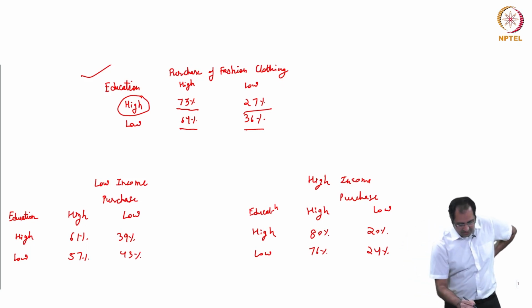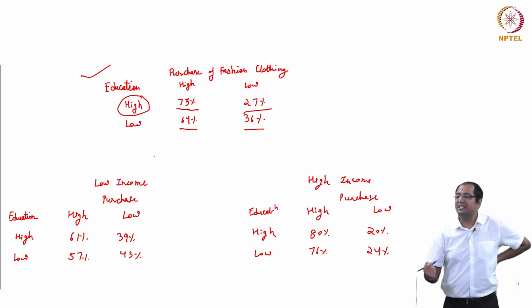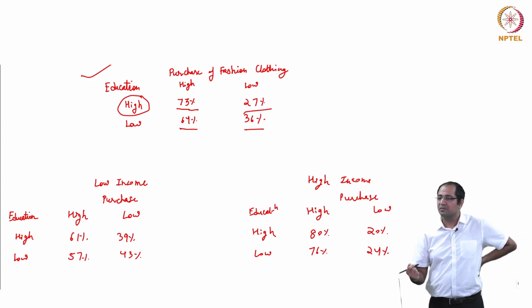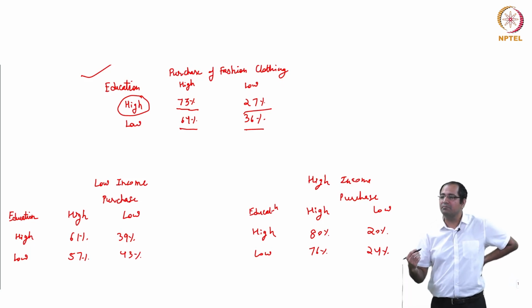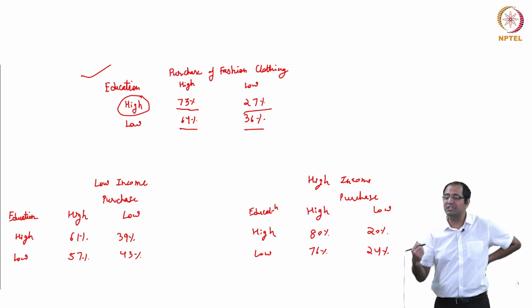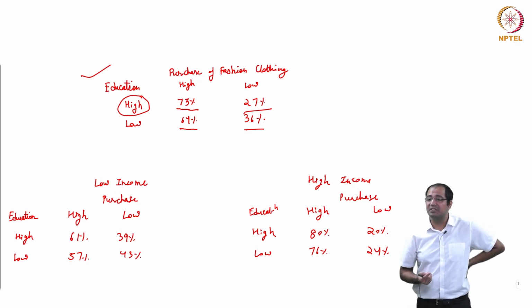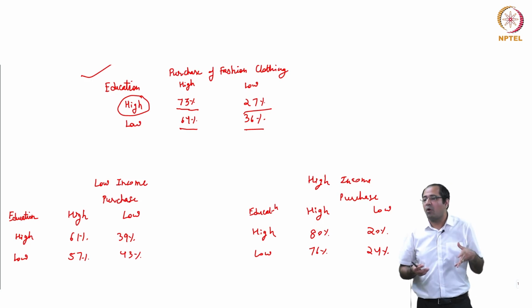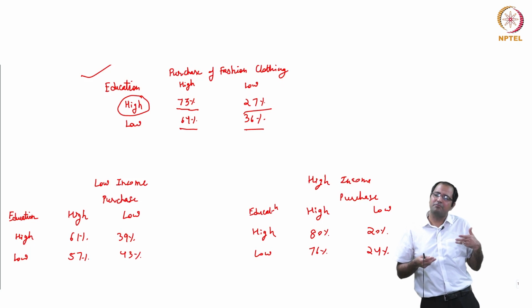But when income was introduced as an extraneous variable, as one of the possible causes, the researcher wanted to see: is it really education that leads to more purchase of fashion clothing, or is there something else, might be income.